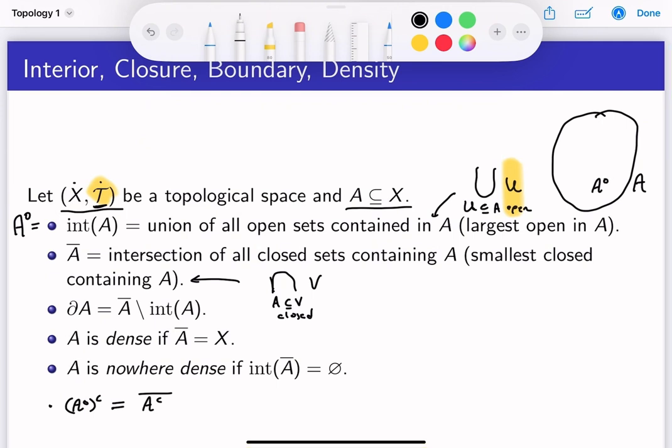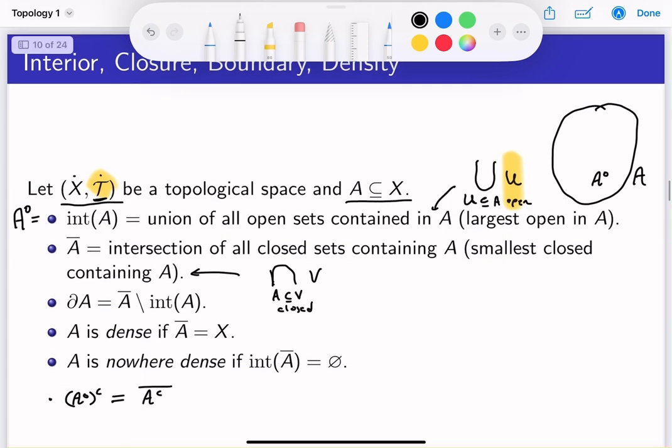And it's trivial here that the interior will be contained in A, because each U is contained in A. For the closure, which is A bar, what we're going to do is take all closed sets V containing A, and we're going to intersect them.